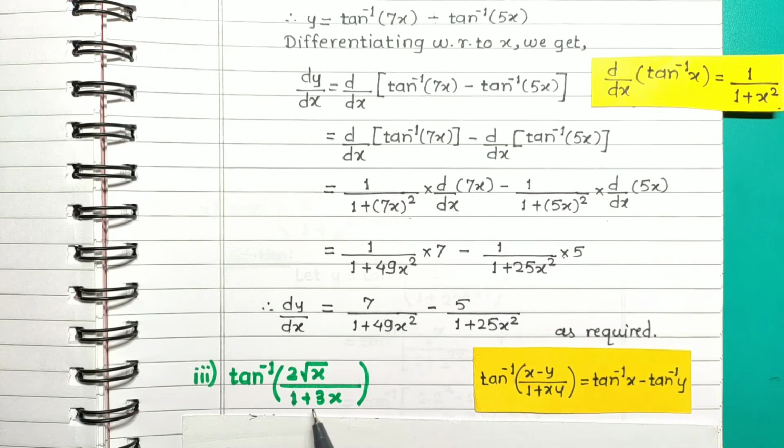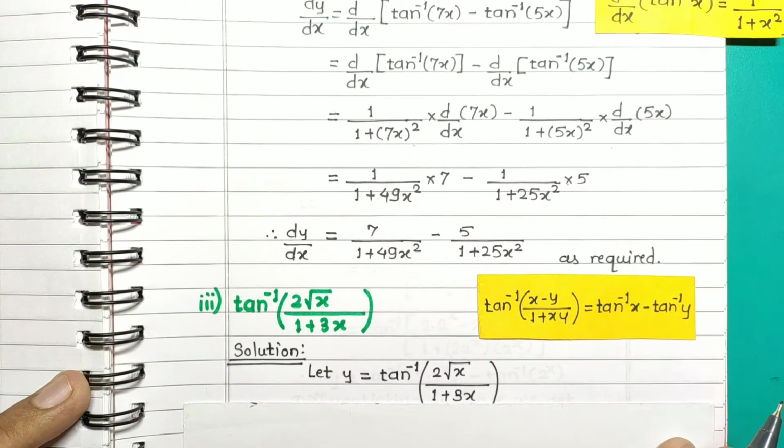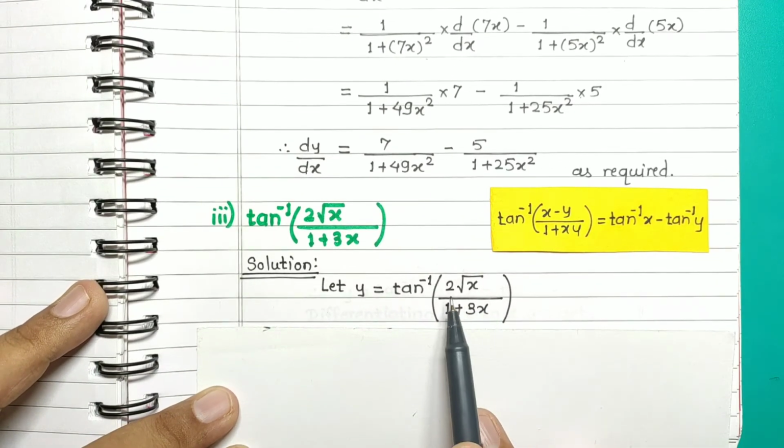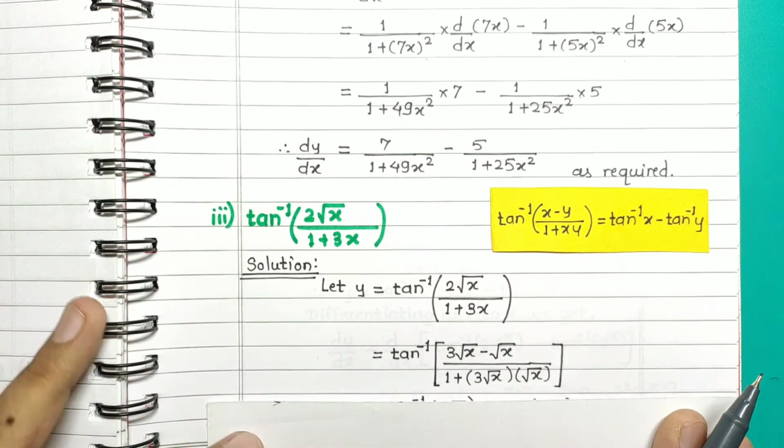Okay, here it is 1 plus terms, so you try to arrange these terms like this, x minus y upon 1 plus xy, since here it is a 1 plus term. Okay, so firstly in the solution you write down the given function, let it be y, and with observation you will find that we can arrange this function like this.